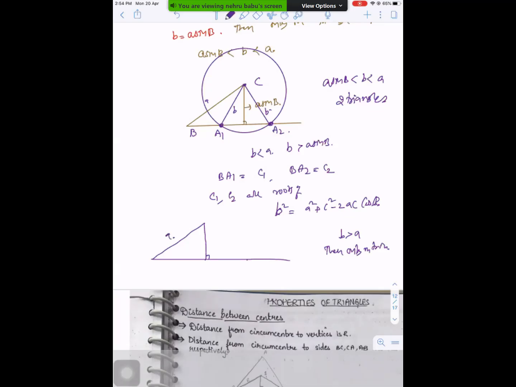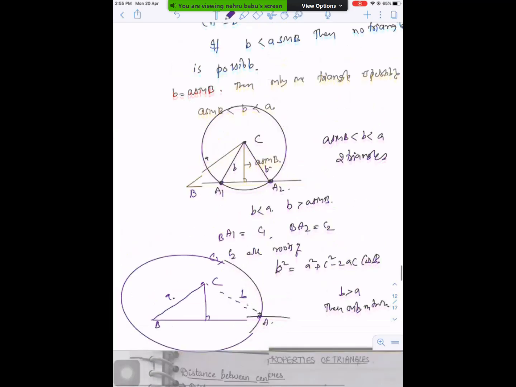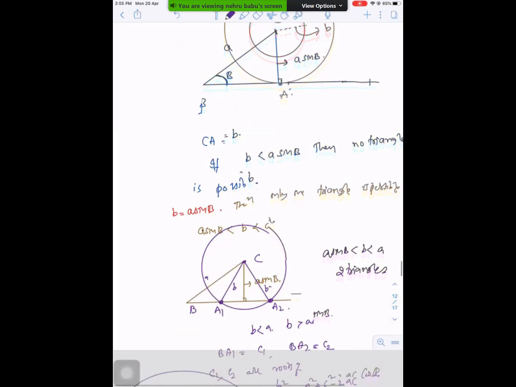If you draw a circle like this, it intersects at only one point, as A is moving on this side only. So you'll get only this triangle. So if b is bigger than a, you will get only one triangle like this. Okay, this is the ambiguous case. The diagrams are like this.